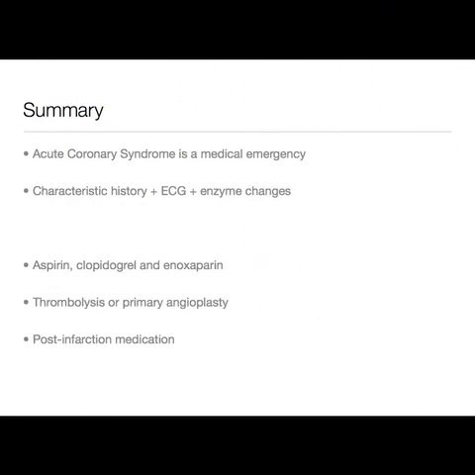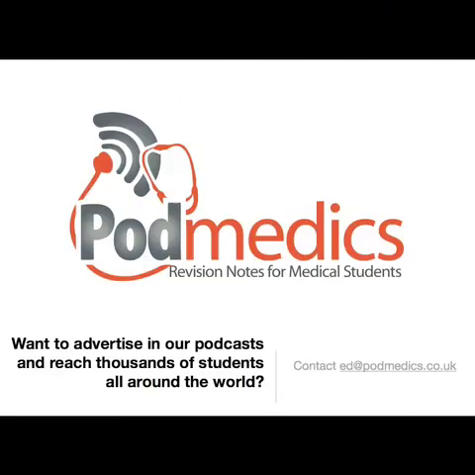The type of definitive treatment will depend on local policy and availability of resources, but may include thrombolysis or angioplasty. Before discharge, all patients should be prescribed the 4 A's: aspirin, atorvastatin or other statin, atenolol, and an ACE inhibitor.